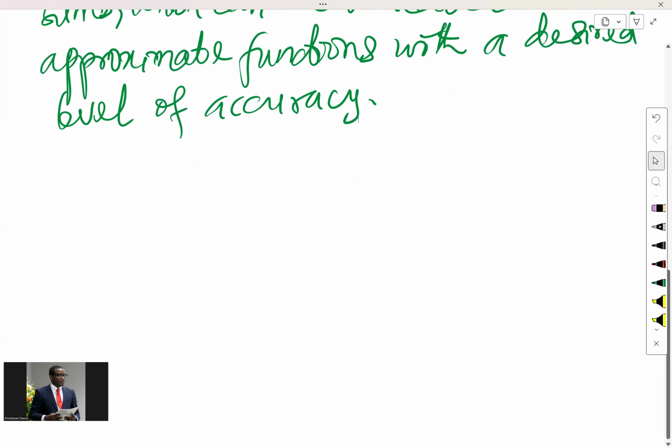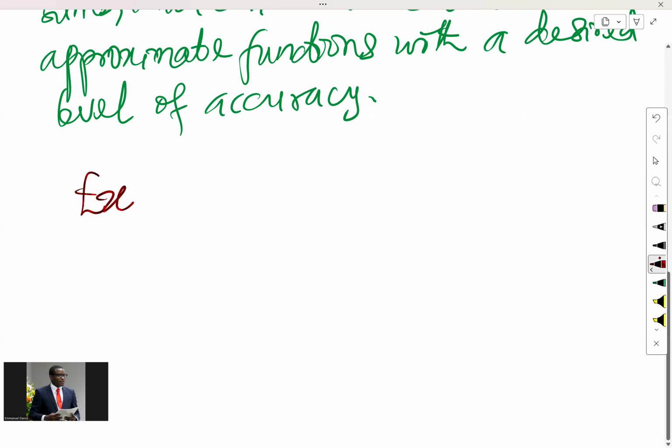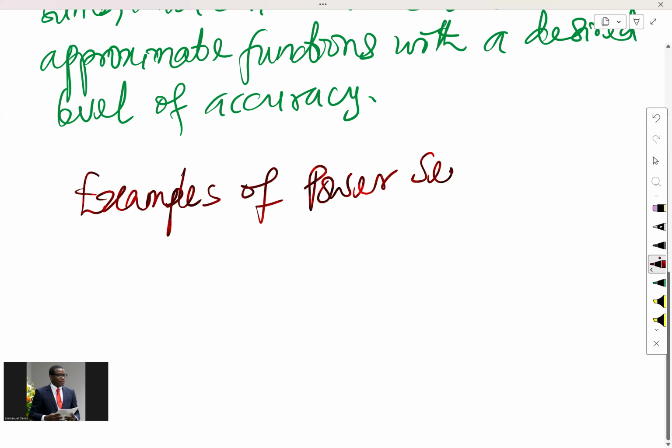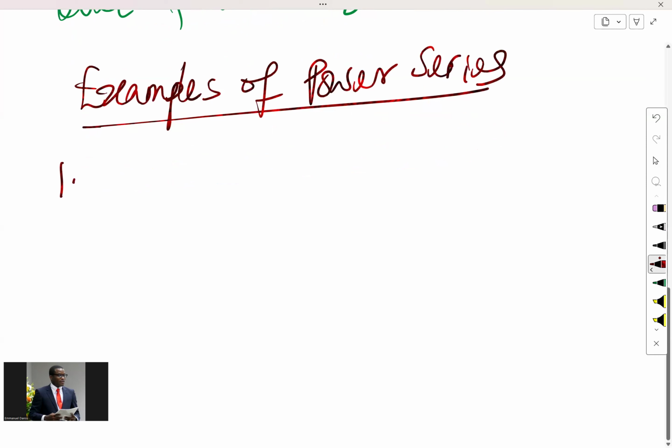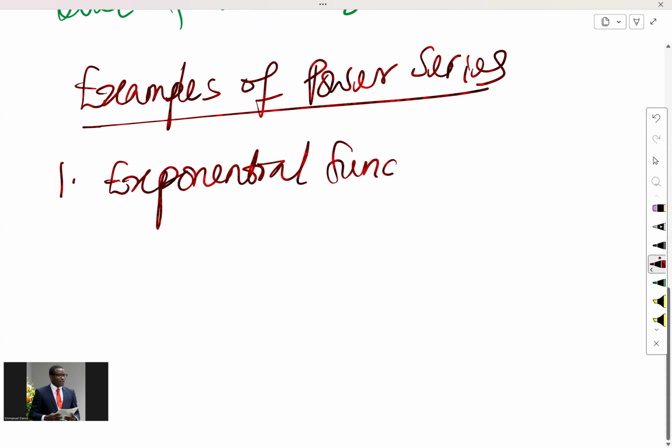So let's talk about some examples of power series. You already know some, at least coming from Taylor series and all that. First of all, let's talk about the exponential function, that's e raised to power x.